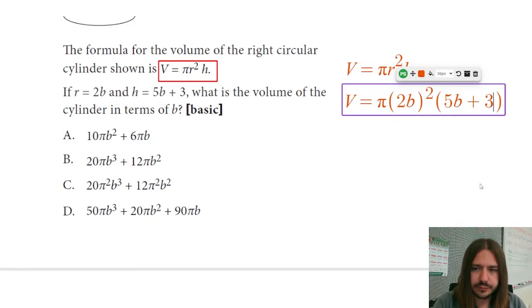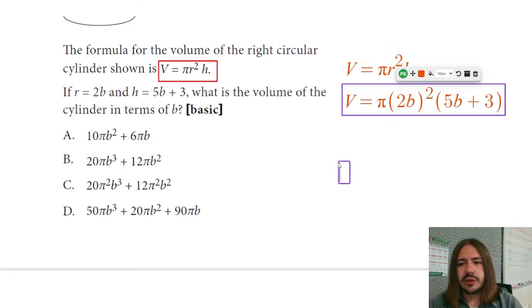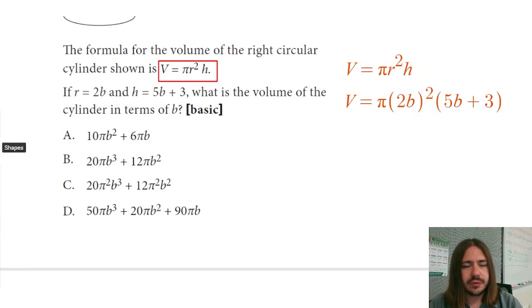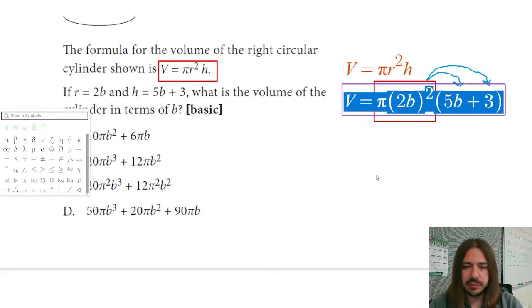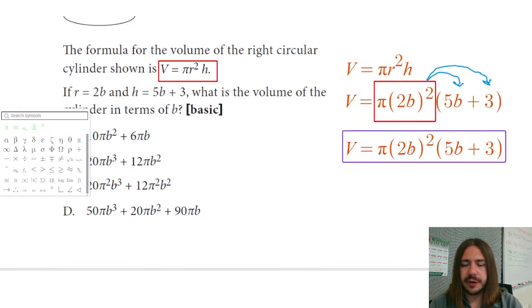Okay. So at this point, we've got our expression in terms of b, but notice how none of the answers kind of look like this. And that's because all of these have this term being distributed into the set of parentheses. Now, before I distribute this, I think what I want to do is actually simplify it a little bit, okay?